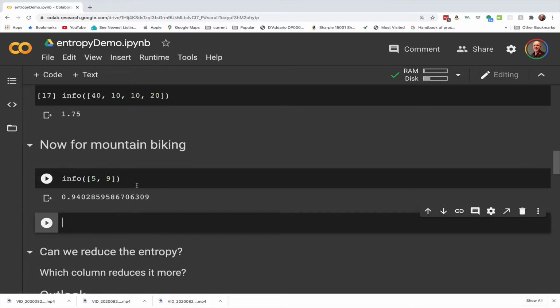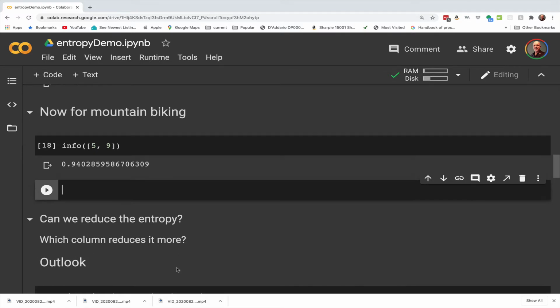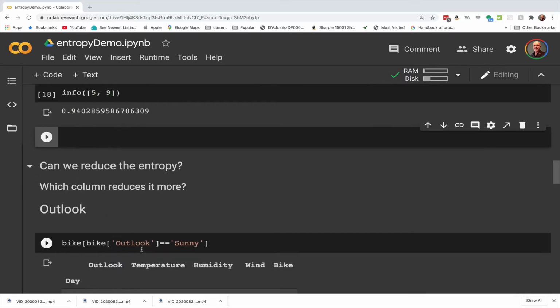All right, now the question is, can we ask some question related to one of those columns and reduce this entropy? And we're going to look at which column reduces it more, and that'll be the first question we're going to ask. So let's examine what the entropy is after we ask the question of what's the outlook.